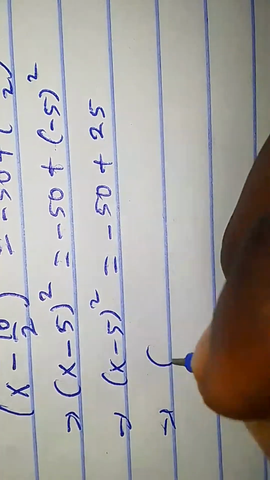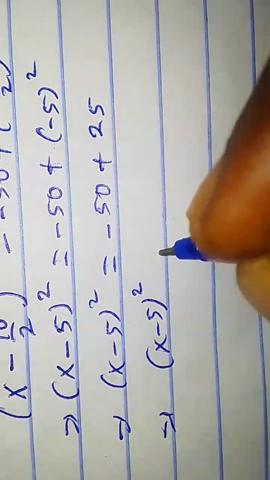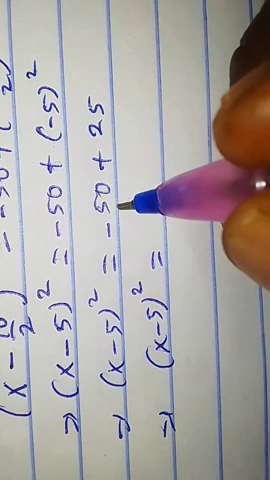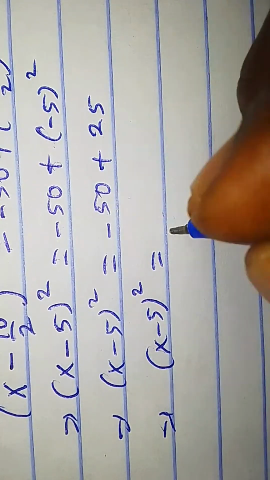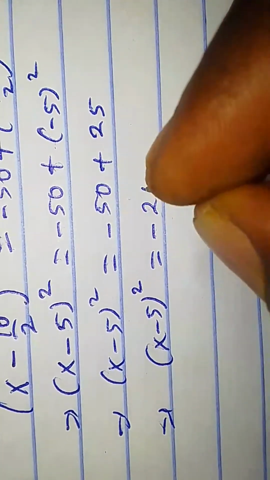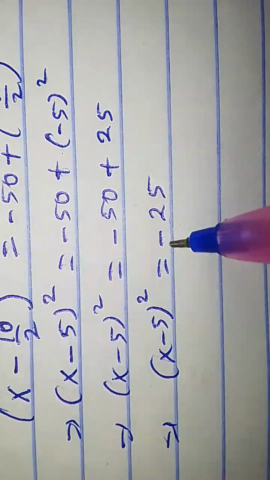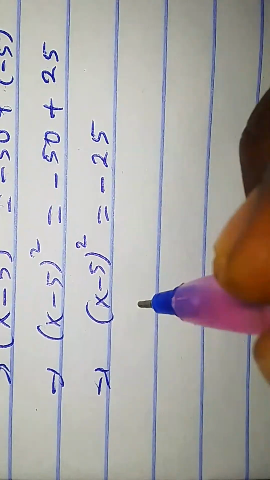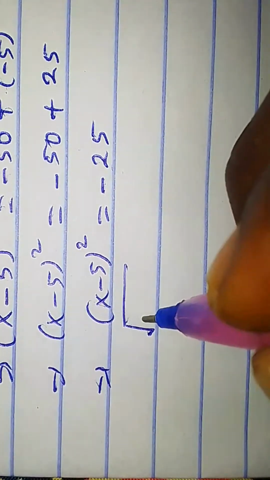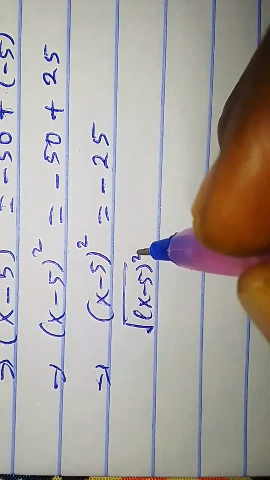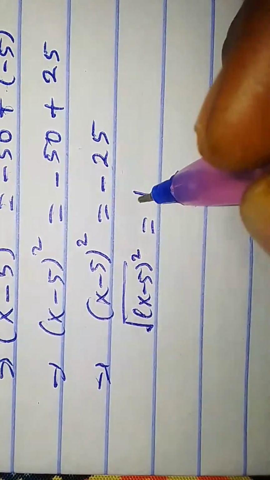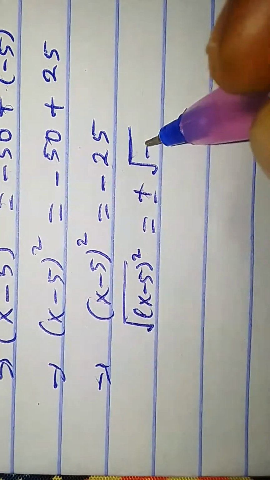This means that (x − 5)² = −50 + 25, that is −25. Now, let us take square root of both sides. So that will be the square root of (x − 5)² = ± the square root of −25.